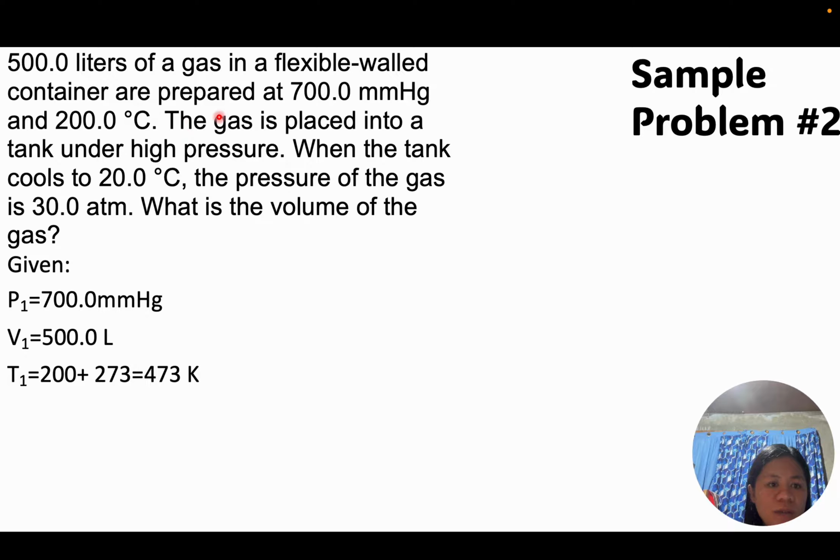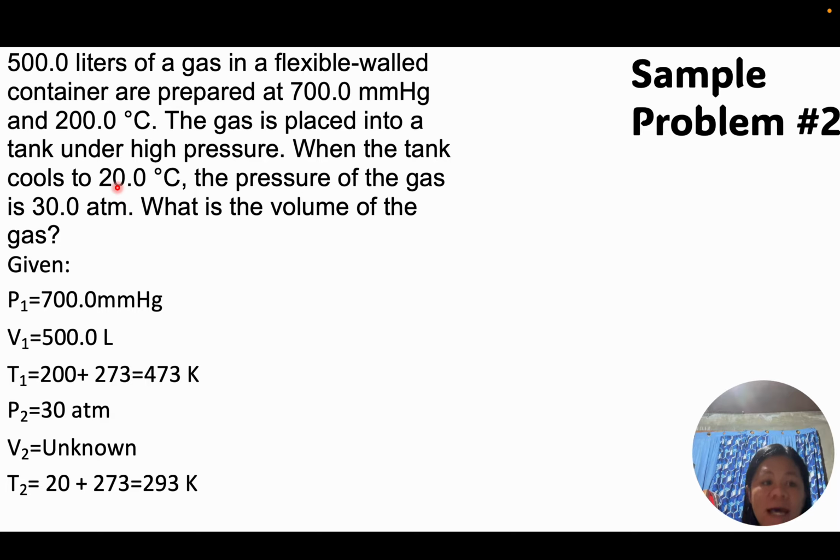Now, going back to the question, ang P2 natin ngayon is 30 atm. And again, ang hinahanap natin ay V2. And of course, ang ating T2 naman is 20 degrees Celsius and i-convert natin ulit sa Kelvin, and we'll get 293 Kelvin.